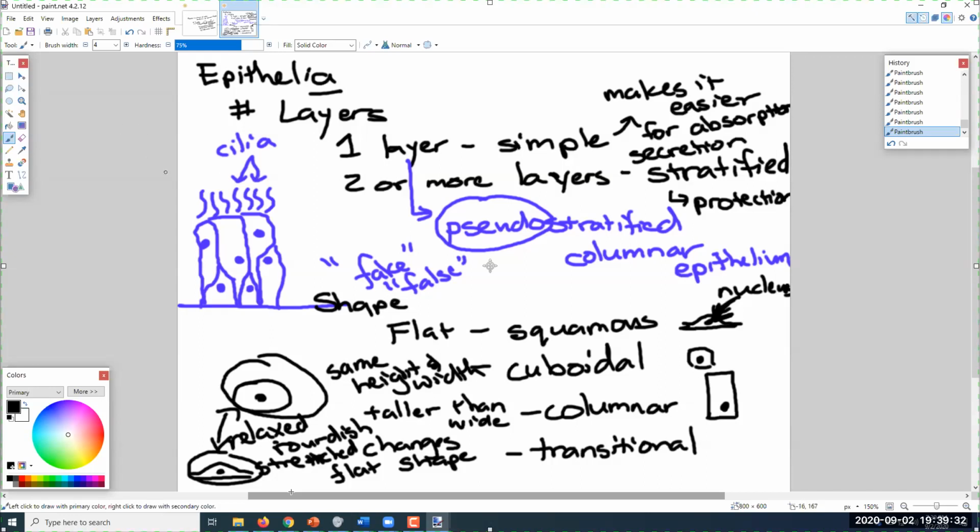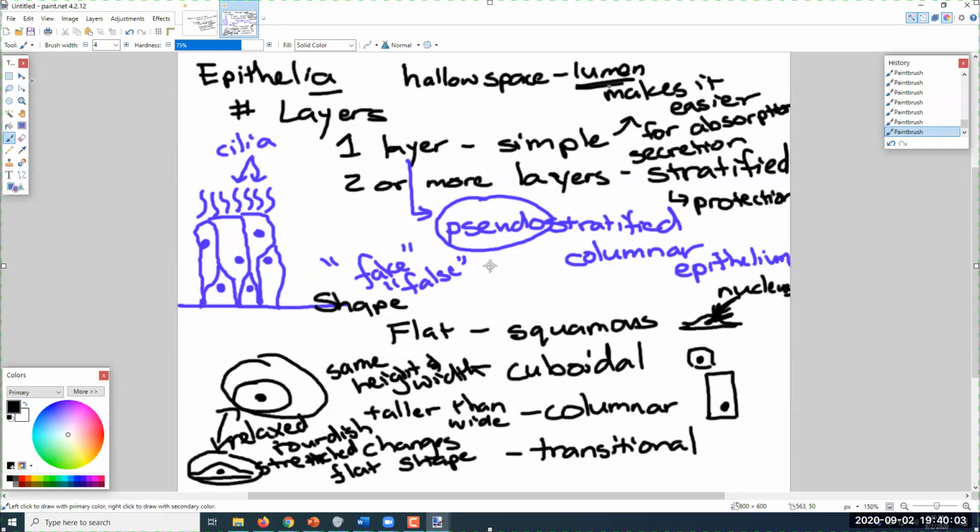Speaking about top parts of things, since most of the epithelial tissue is covering things, right? If it is a hollow organ, like your stomach, small intestine, large intestine, or urinary bladder, that hollow space inside those organs is called the lumen.